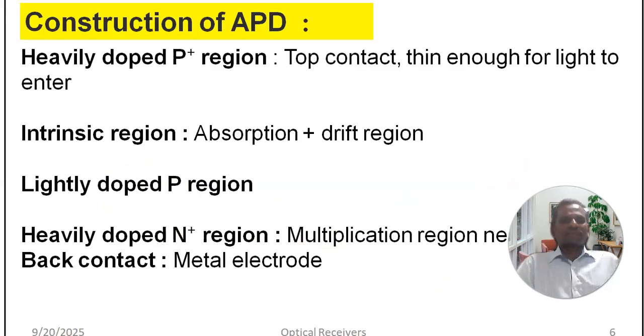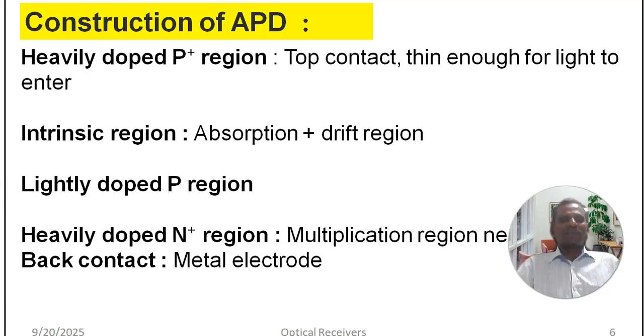Construction: it is a heavily doped P plus region, with the top contact thin enough for light to enter. So it is the place where light will be entering. P plus refers to heavily doped, and the next region will be your intrinsic region. It is a pure form of semiconductor. It is the place where the absorption and drift region takes place.